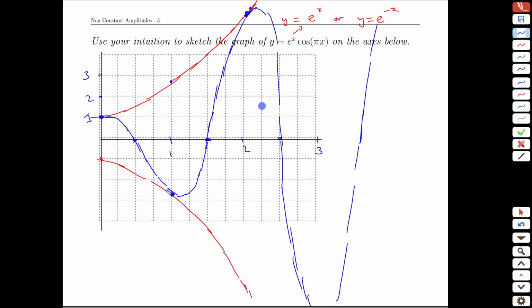So we can get some pretty interesting graphs simply by being a little more flexible about what we mean by amplitude, not resorting only to constants, but allowing ourselves to use functions of x as well, and seeing how relatively easy it is, once we know the graph of the amplitude function, to sketch the actual graph of that amplitude times a sine or a cosine. It gives us a lot more flexibility for modeling almost periodic functions.